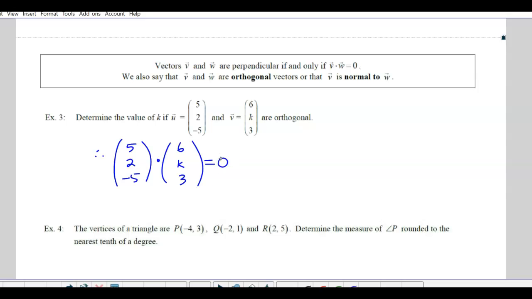Can you solve that for k? And your components can be fractions, decimals, irrational, rational. So in this case, it's going to be a fraction.